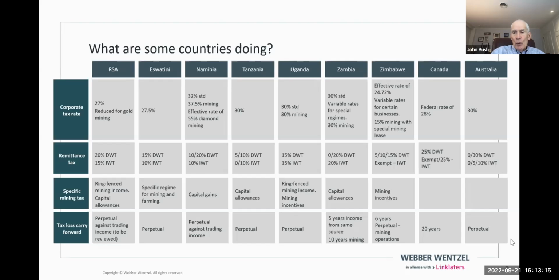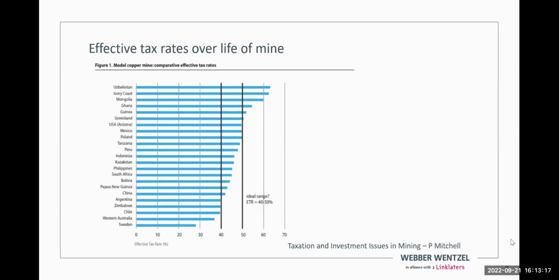Okay, forging ahead. I thought this was also quite an interesting slide to see what the effective tax rates are over life of mine. Some interesting countries sit at the top of the list: Ivory Coast and Uzbekistan. And I'm not sure about the extent of extractive industry in Sweden, but it sits at the bottom.